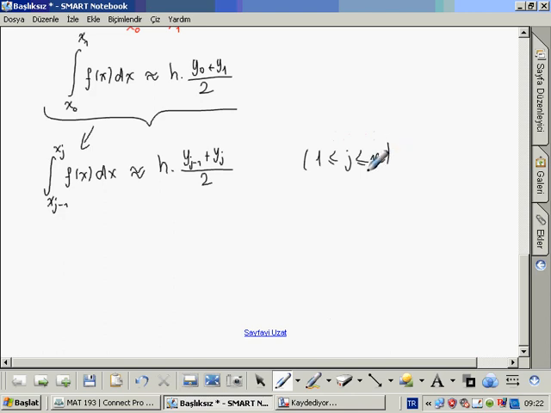The original integral I can then be approximated by the sum of these trapezoid areas.